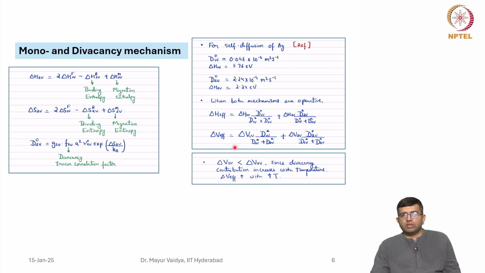Same thing for the activation volume, which accounts for the pressure dependence, can be written. Usually the delta V for mono vacancy is less than the delta V for di-vacancy, and since the di-vacancy contribution is higher at higher temperatures, the effective volume increases with increasing temperature.